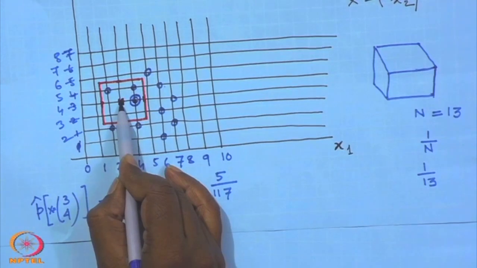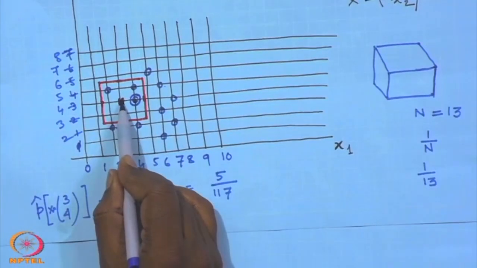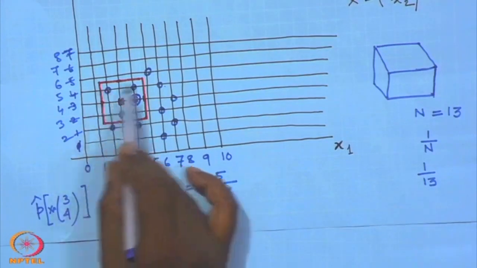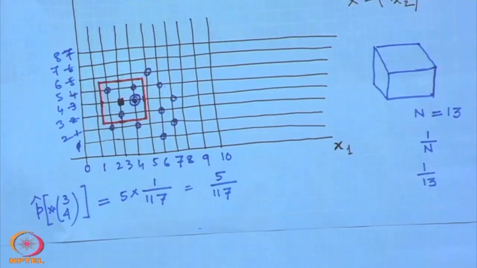As I said, this operation is the same as the convolution operation. Alternatively, I can place a box at location 3, 4 and find out how many samples are falling within the box. Those samples multiplied by the height of the individual box give me the probability estimate at that particular location, and that is exactly what I have done.